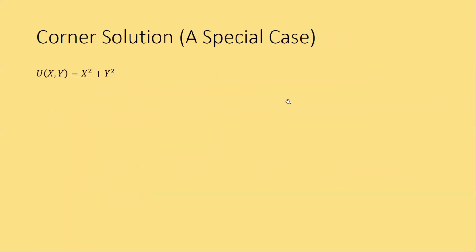All right, I want to bring up a special case where you will also find a corner solution. Note that this utility function is not one of the 3 special types that we have seen so far, right? It is not Cobb-Douglas, it is not perfect substitute, it is not perfect complement. If the utility function is u equals x squared plus y squared, we want to first draw the indifference curves.